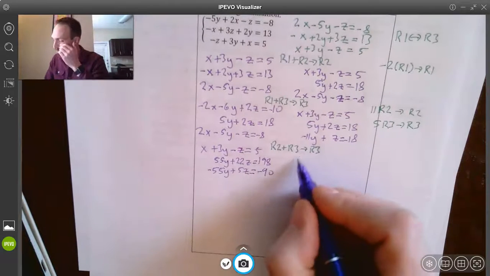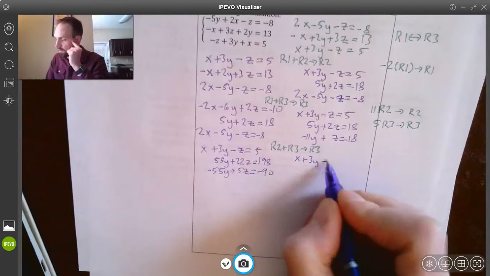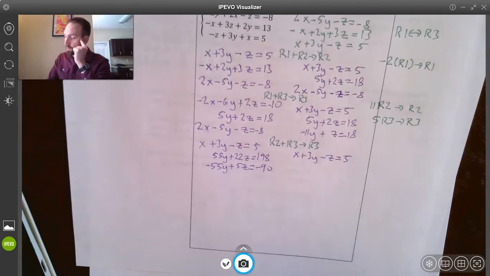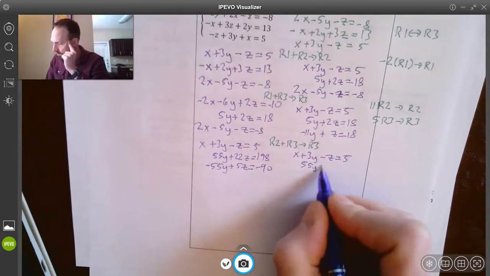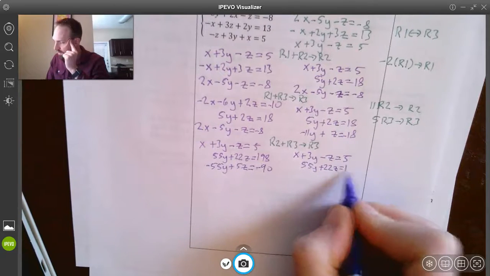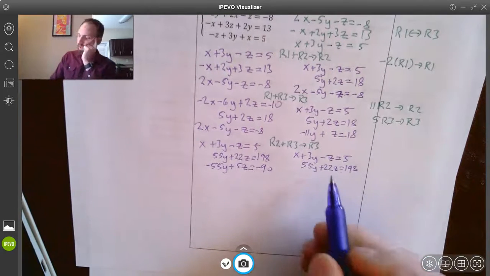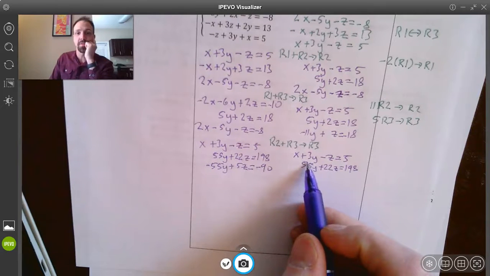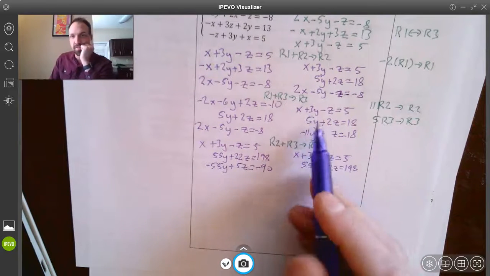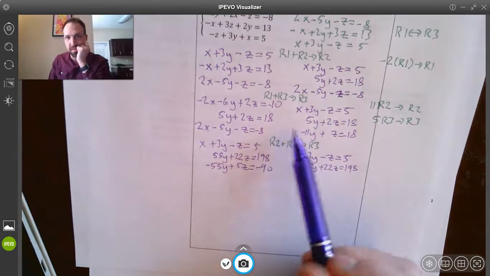So row 1 stays the same. That's x plus 3y minus z equals 5. Row 2 is 55y plus 22z equals 198. You may see that you can actually now also take row 2 times the inverse of what we just multiplied it by earlier.